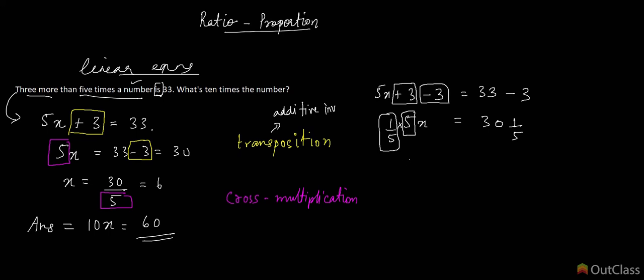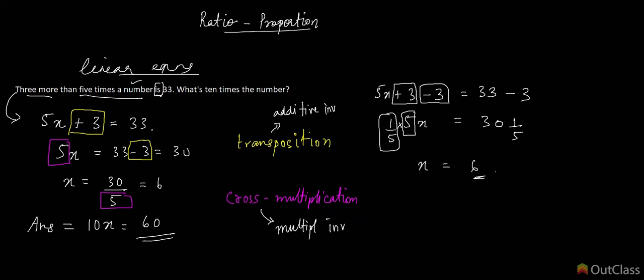When you put them together and multiply them, you get the multiplicative identity, which is 1, and the multiplicative inverse is why cross multiplication works. And now you get x is equal to 30 by 5, which is 6.